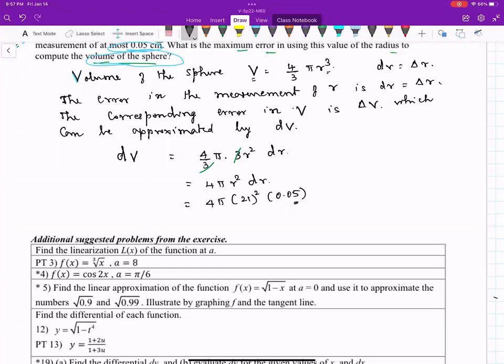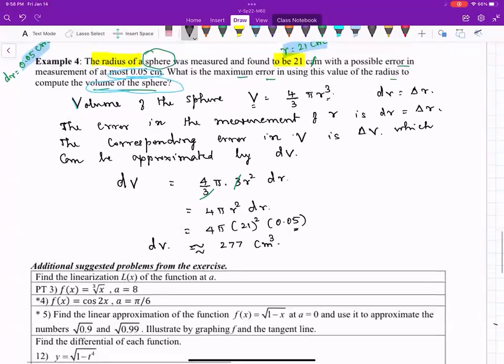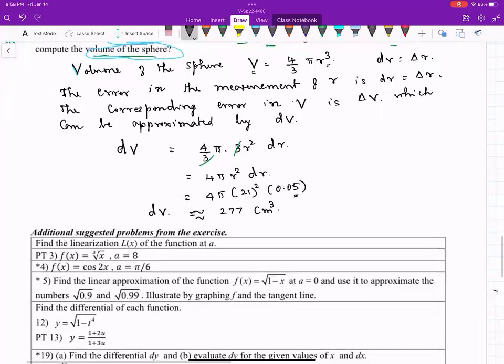So when you compute these values in your calculator, you can use a calculator for this one, this will be approximately 277 centimeter cube. So the maximum error in the volume would be 277 centimeter cube due to the error in the measurement of the radius.